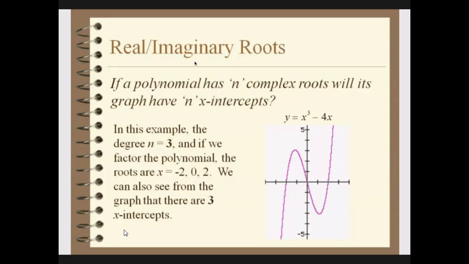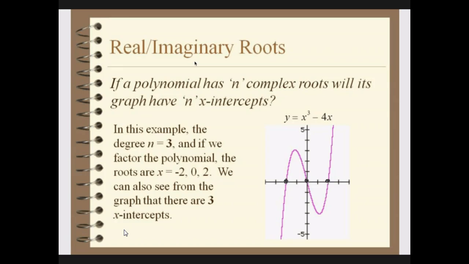So what does that mean? It means if a polynomial has n complex roots, then it will have a graph with n x-intercepts. Here this graph has a cubic power, and it has 3 zeros. Therefore, it has no imaginary roots. Now, if that was to a power higher than 3, then it would have imaginary roots.